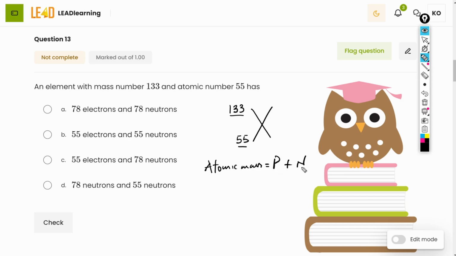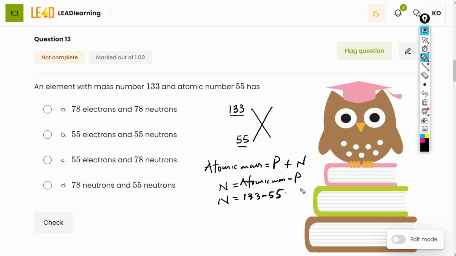So let's get the number of neutrons in this particular atom. The number of neutrons would be atomic mass minus number of protons. So the number of neutrons would be 133 minus 55, which gives us 78.